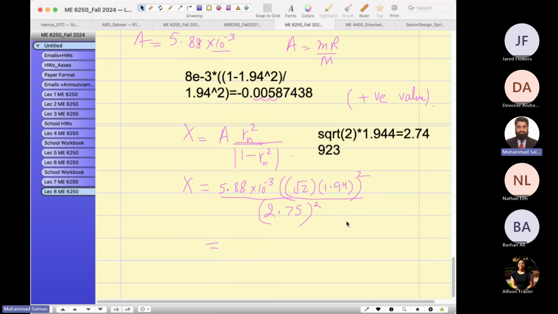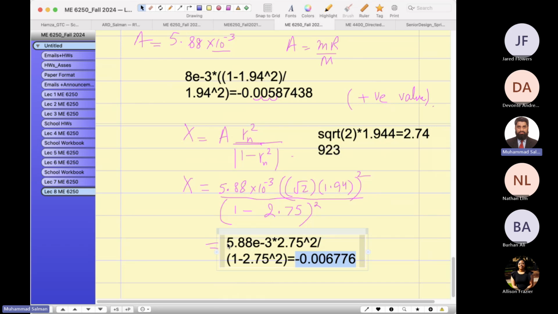This is wrong because this is 1 minus r square, so I have to do the subtraction. You can verify this with me if I make some mistakes here. So 5.88 e to the negative 3 times 2.75 square, whole divided by 1 minus 2.75 square. That is equal to, yes.